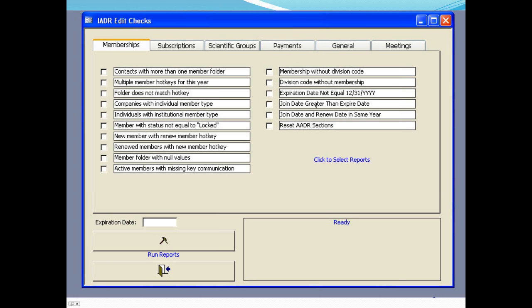In their particular system, that was physically possible to happen, meaning that someone could enter the data incorrectly and you could wind up that way. That's logically incorrect. And so they had a query or report that allowed them to find any records that had a join date greater than the expiration date. And they would fix that data.